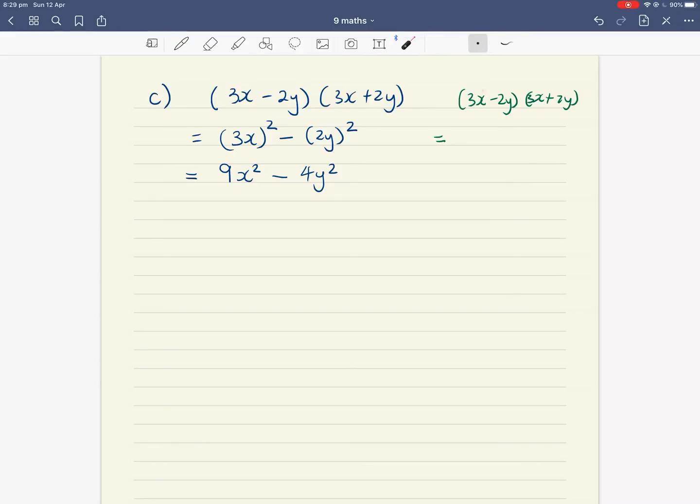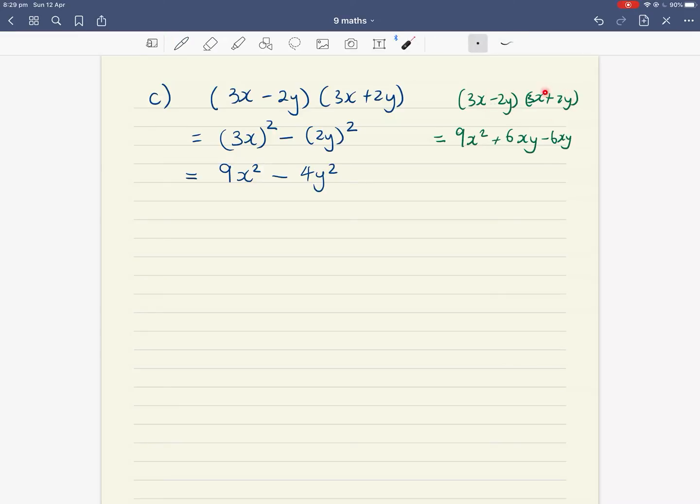Because if you FOIL part C, your first is 3x times 3x, which gives you 9x squared. Then you go outer, so 3x times 2y gives you positive 6xy. Inner gives you negative 2y times 3x, gives you negative 6xy.